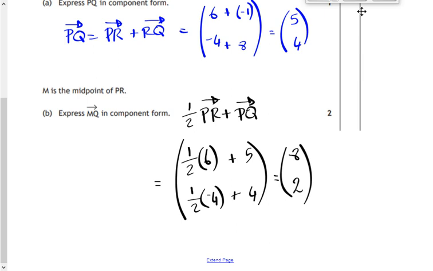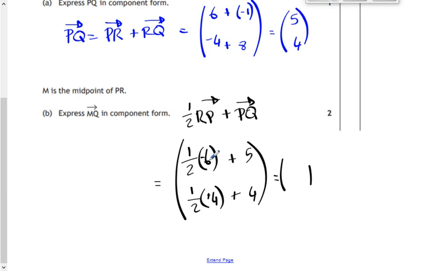I'm not sure about that one. That's it. I've gone the wrong way. I've gone the wrong direction. Being silly, instead of PR, we want to go RP, which means that this is negative and that's positive. There we go. Sorry about that.